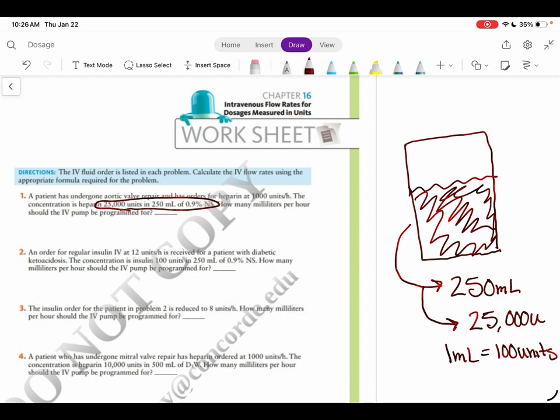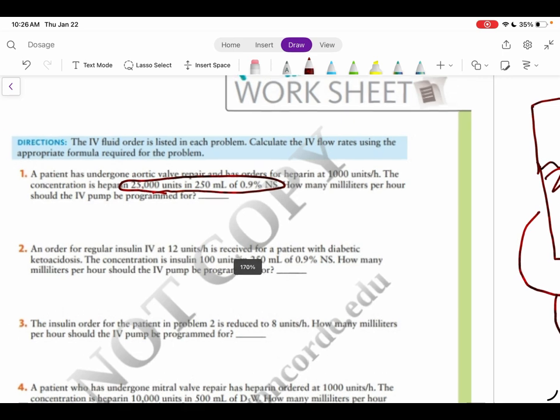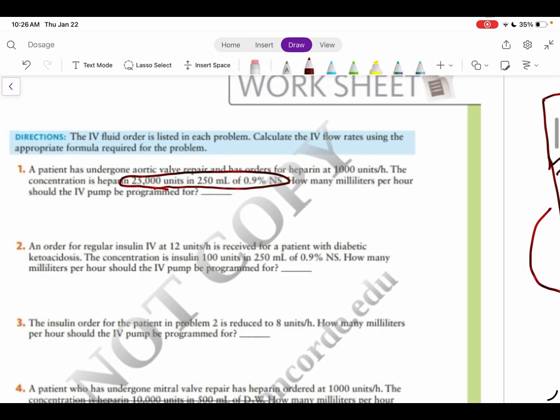So when we go to solve this problem, we're gonna start with X milliliters per hour. We're gonna take the volume of the entire bag, the 250 ml.